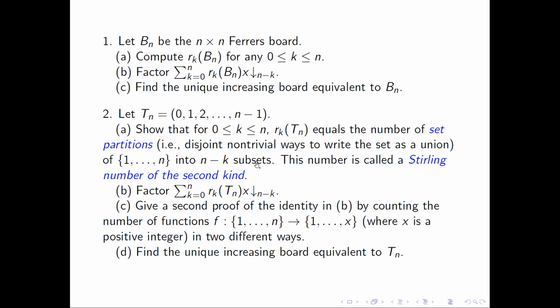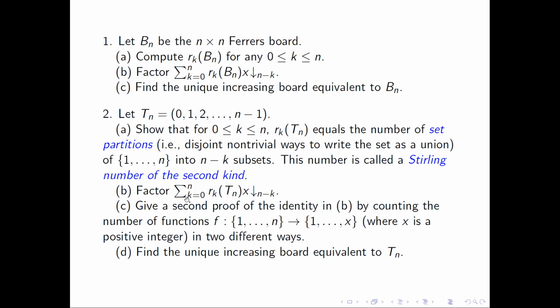So show that the number of ways to place k non-attacking rooks on this board is simply the number of set partitions of 1 through n into n minus k subsets. That's related to something called the Stirling numbers of the second kind, which is an important concept in combinatorics. Of course, it implies there's something called the Stirling numbers of the first kind, and there are.